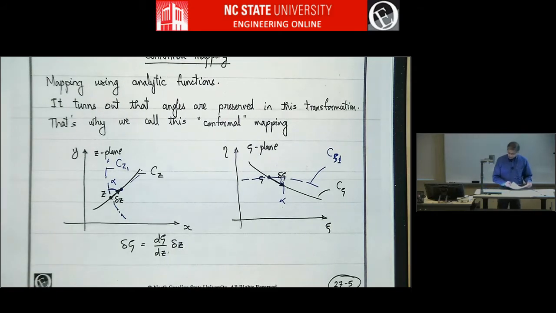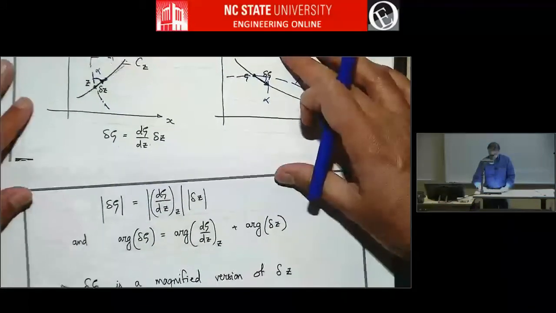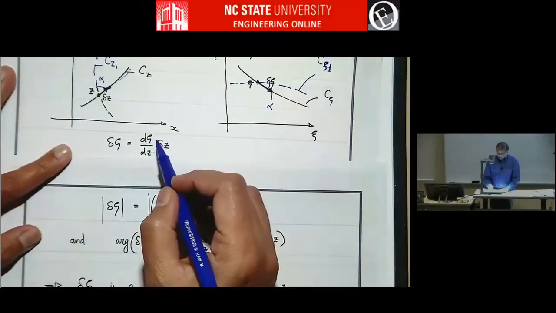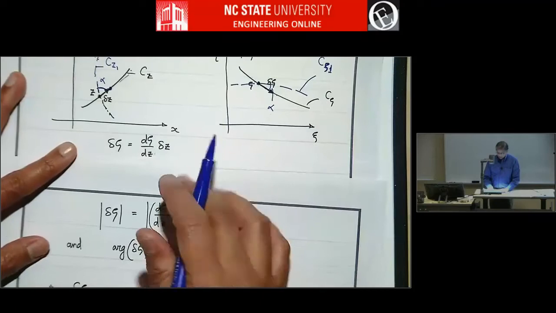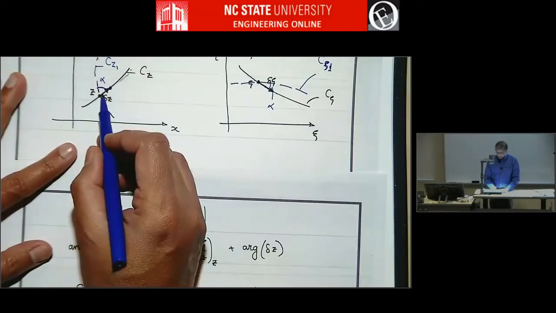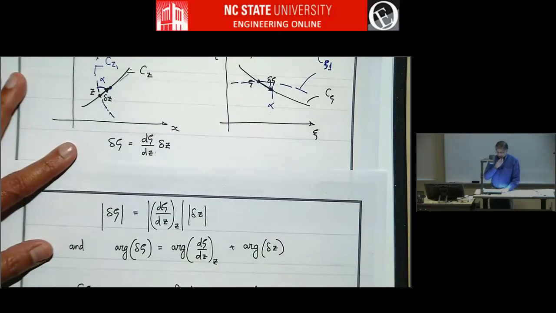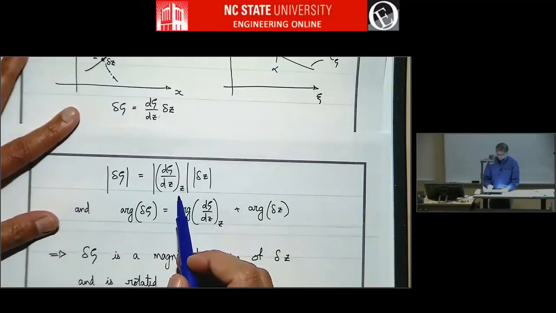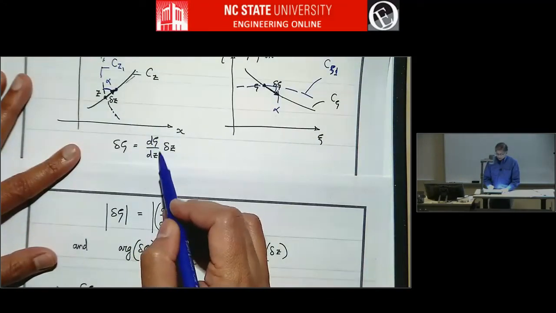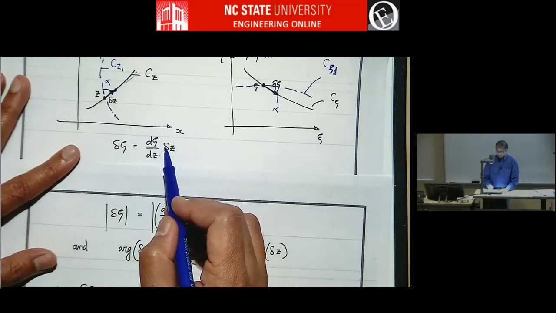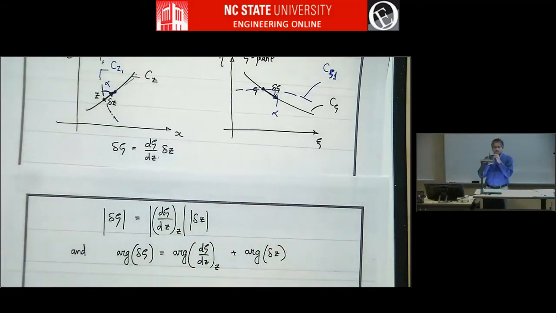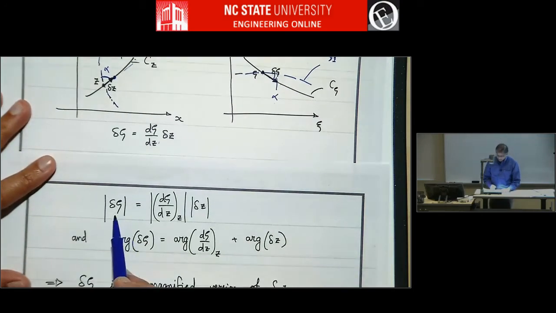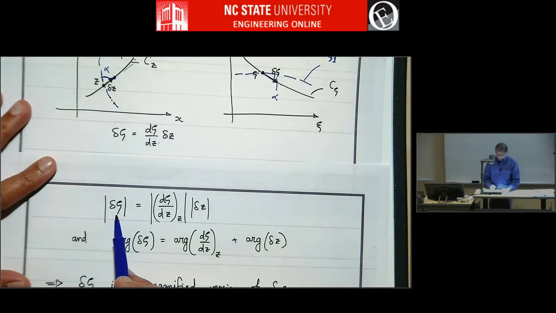Okay, so what does that mean? Remember, this is one complex number multiplying this complex number delta z, right? So if you multiply by some constant, this delta z essentially gets scaled and rotated. So the scaling is this.